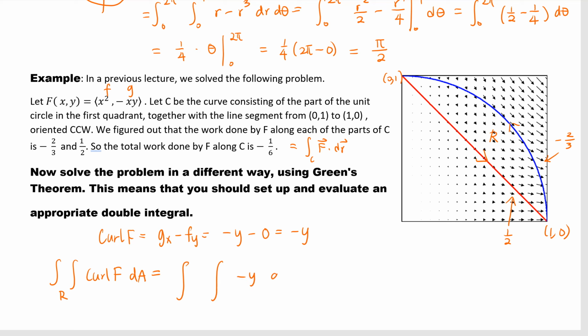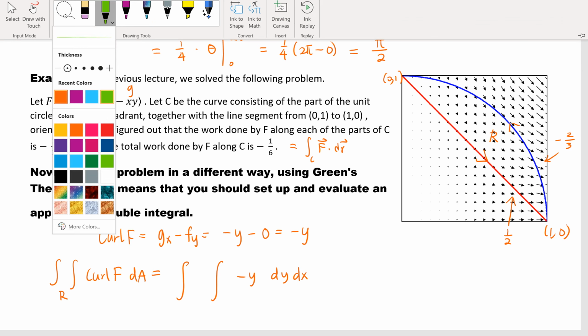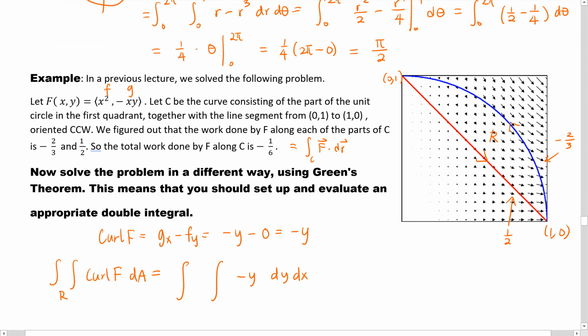So let's see here. Minus y, let's do dy dx. What does dy dx do? Let me use a different color so you can see it more clearly. dx means we want to cut a small width dx, and then we draw the rectangle parallel to the y-axis.